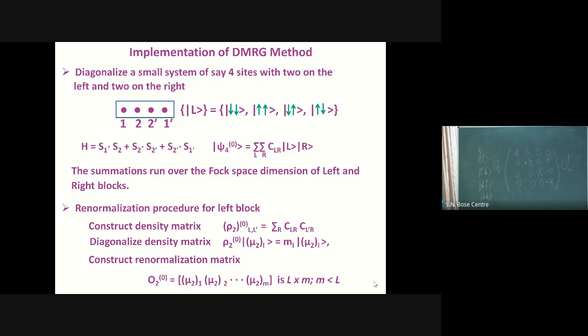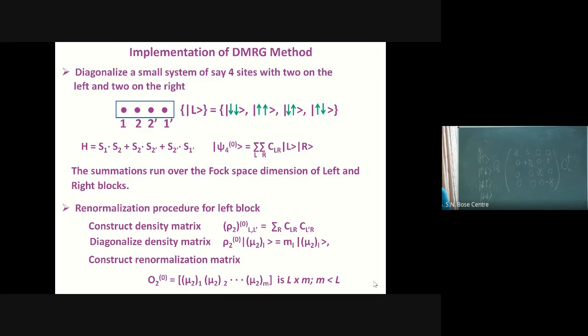So L rows and m columns is what you have, and that is the renormalized matrix O, and the density matrix is L by L. You take O dagger, density matrix and O, in which case you have an m by L multiplying an L by L matrix, multiplying another L by m matrix. So what you will get is an m by m matrix, because the renormalization matrix is not a square matrix, it's a rectangular matrix.